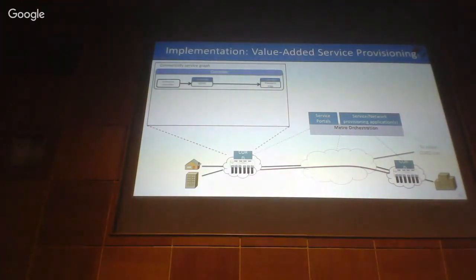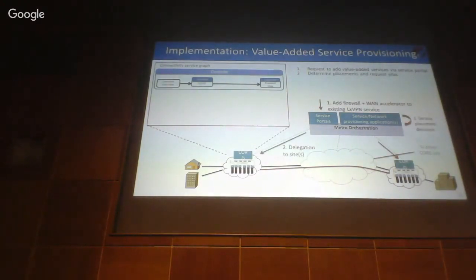How do you add services on top of that, right? Again, we envision this to go through service portals and so on, and add, in this particular example, a firewall and a WAN accelerator. Now, I didn't, by the way, choose that example at random. Why?